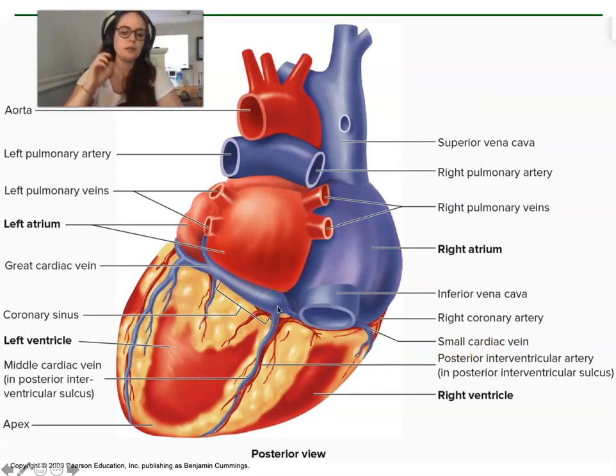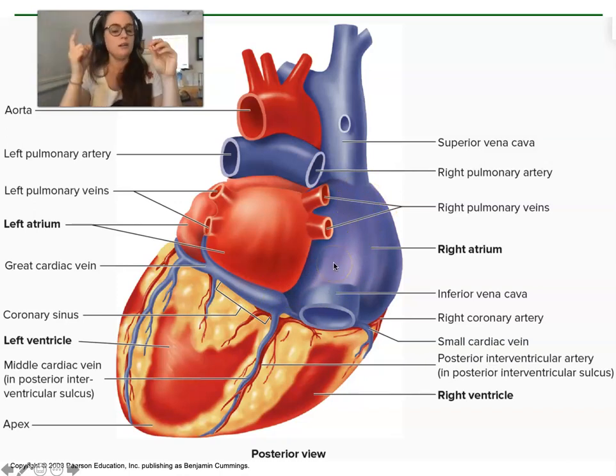Now, all of the veins in coronary circulation, so the heart has its own circulation. That's what the coronary arteries are for. And the coronary veins are going to take that deoxygenated and waste-filled blood back to the coronary sinus, and that's actually going to drain to the right atrium as well.